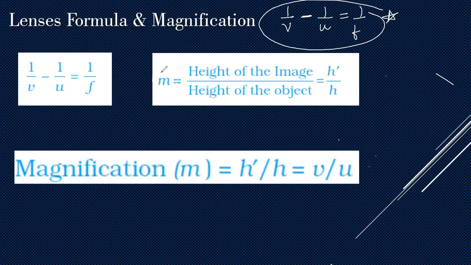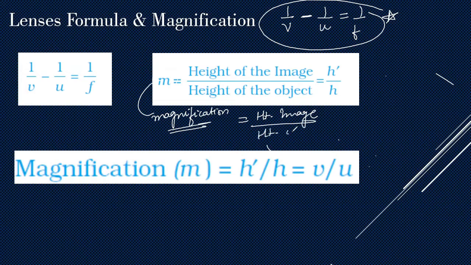Again, what is m? m is your magnification. What is magnification? It gives us an idea how much your image is increased or decreased. So it will be height of the image upon height of the object. In some textbooks it is going to be h dash upon h, or h2 upon h1, where h2 is image height and h1 is object height.